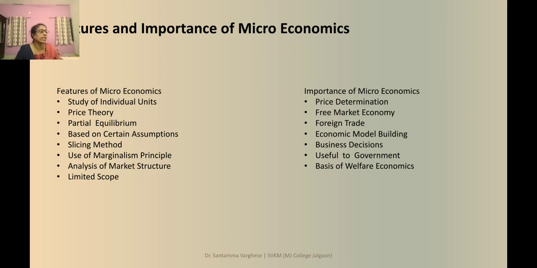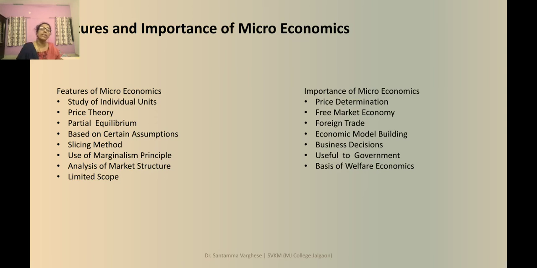Second, free market economy. Now, what is a free market economy? It means things are decided freely. There is no other control. What to produce, how much to produce, how to produce, all these things are decided by the individual. There is no intervention of the government.